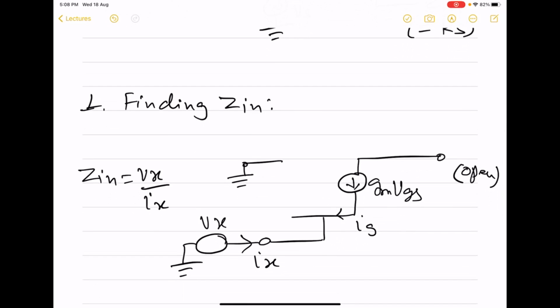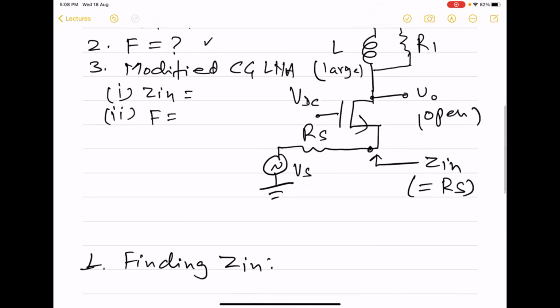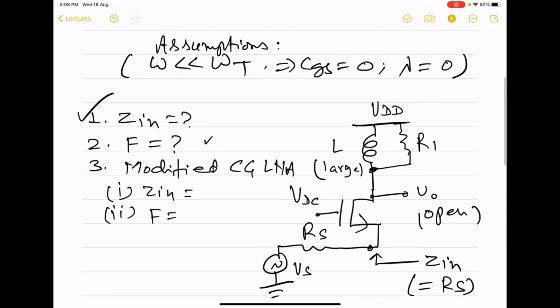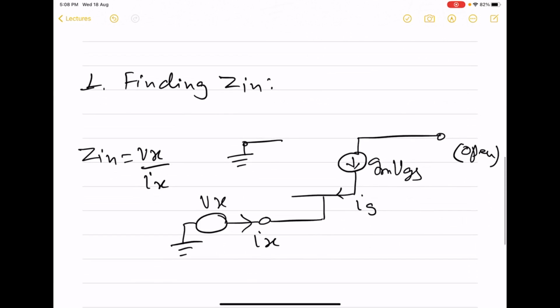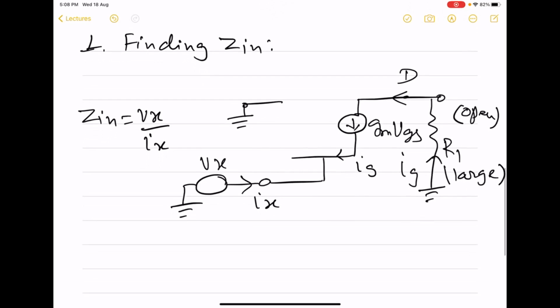So even if the output port is open, between the drain and this supply, which is AC ground, there is the R1 resistor. Here we have the drain, and here we will have R1, and this R1 is typically large. So now this Ig current will flow, and we can proceed ahead to find the input impedance.